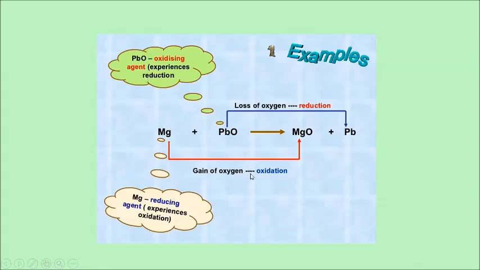So in this reaction itself we have oxidation, reduction, oxidizing agent and reducing agent. The species which experiences oxidation is the reducing agent, and the species which experiences reduction is the oxidizing agent.